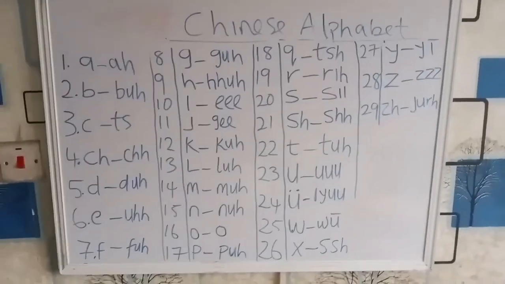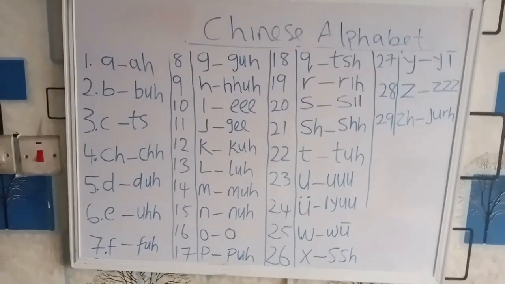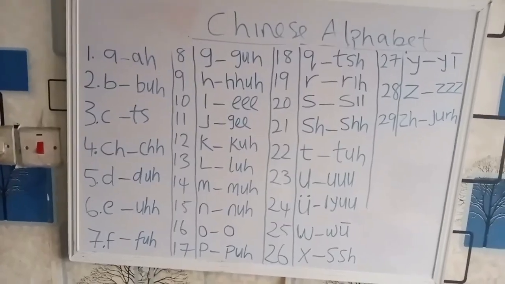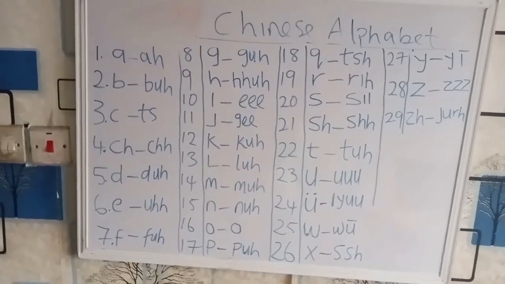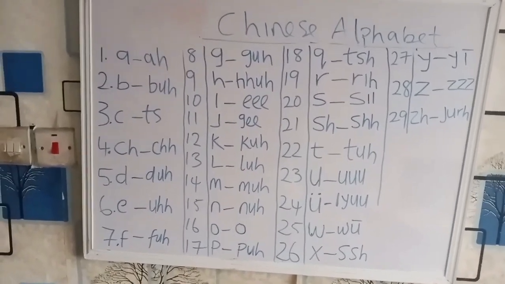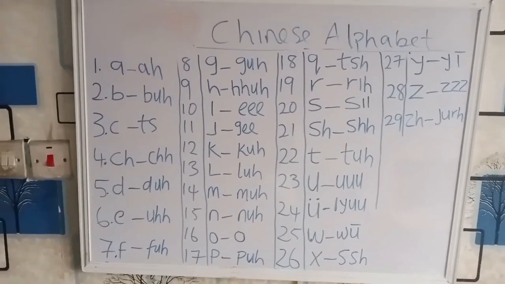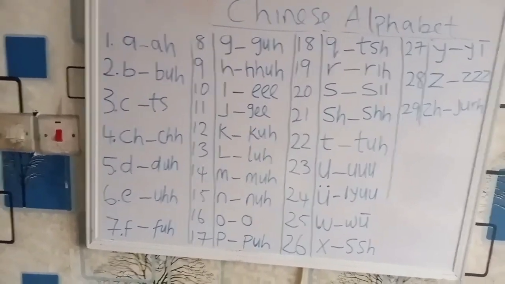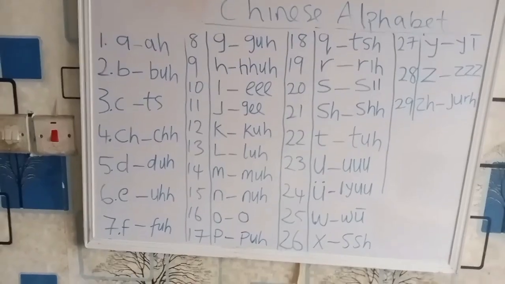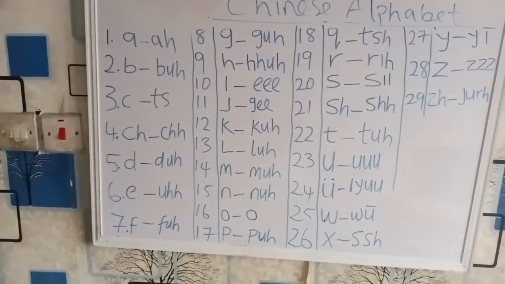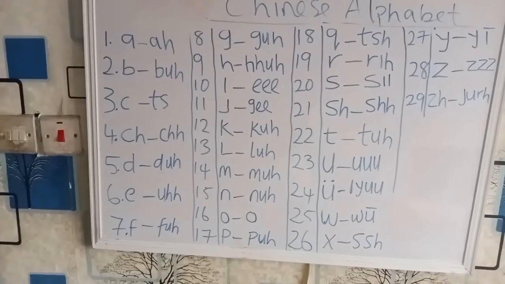As you can see, the A is pronounced R. You see, I wrote AH. That's R. In the English alphabet, we will just call it A, but the Chinese call it R. Then for B, they say B, B. For C, they pronounce it like they are calling TS.